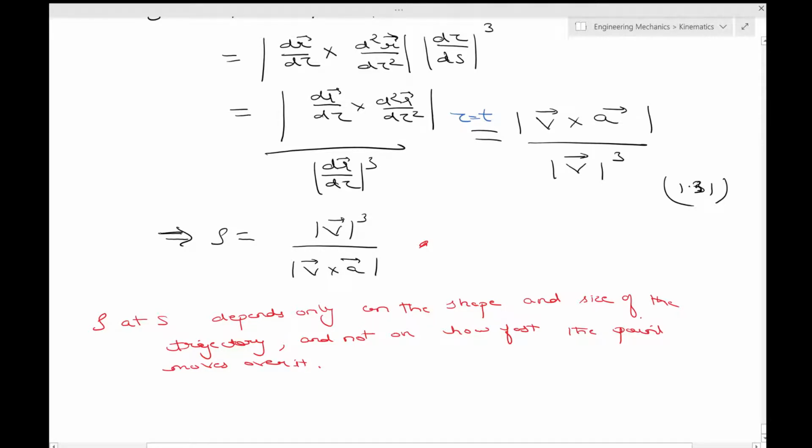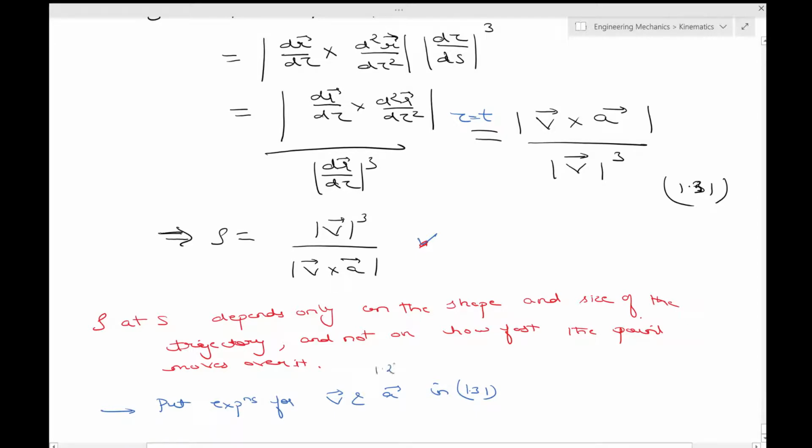The way to go about it is this: put expressions for velocity and acceleration in 1.31. In this equation, velocity and acceleration, where will you put it from? From equation 1.27, to be specific.